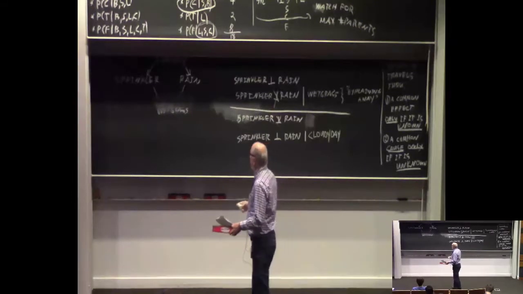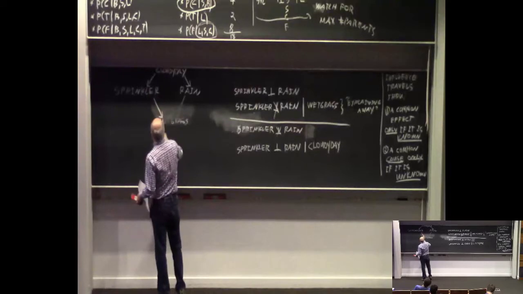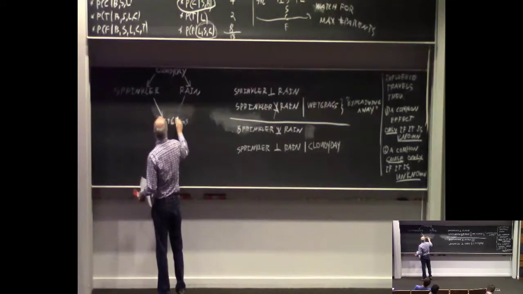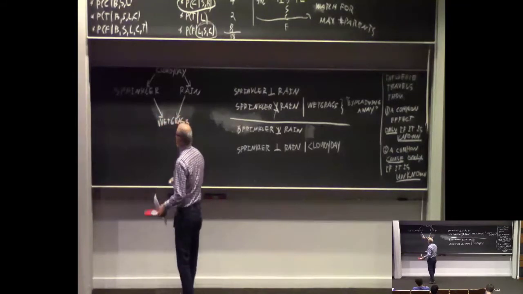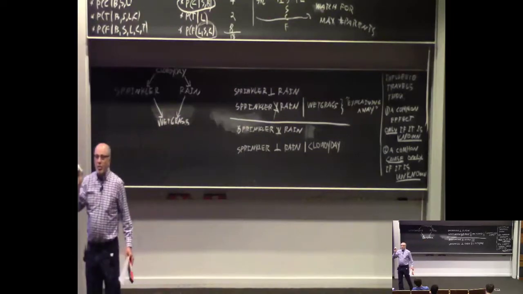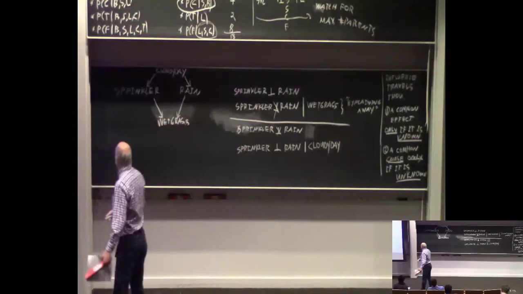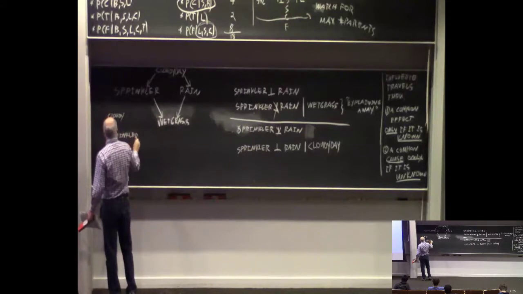There's one more structure that we need to study in addition to these two, and this would give us enough to go over the entire network. And that structure is a very simple chain structure. A causing B causing C. So let's take cloudy, sprinkler, and wet grass.